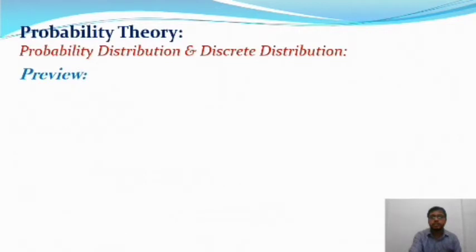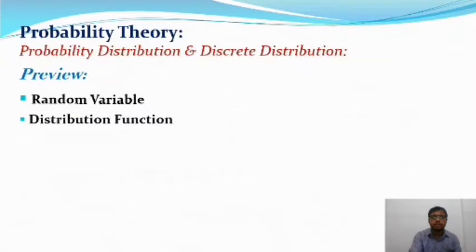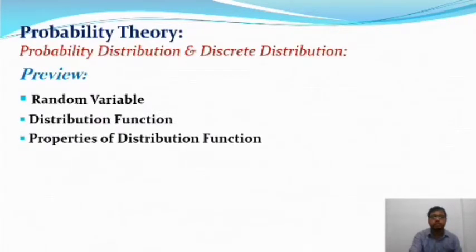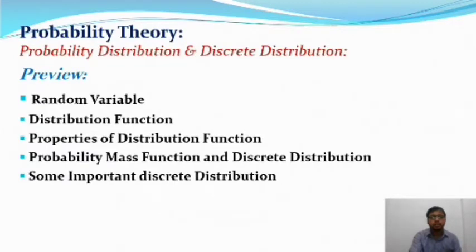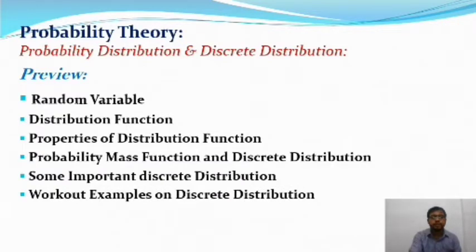We discussed random variables and the distribution function, some properties of the distribution function, and then the probability mass function and discrete distributions, including some important discrete distributions and some important examples.